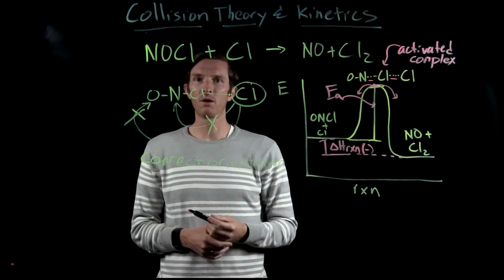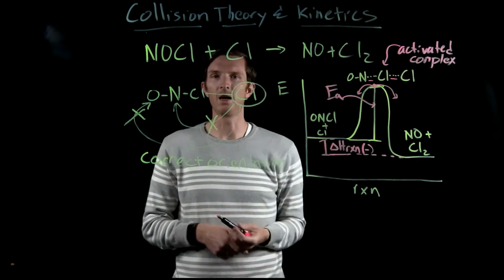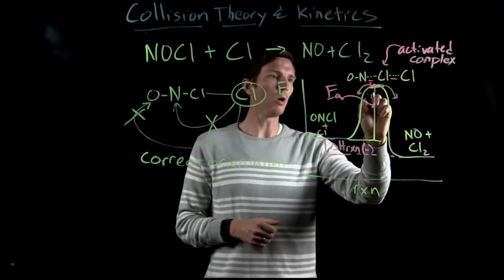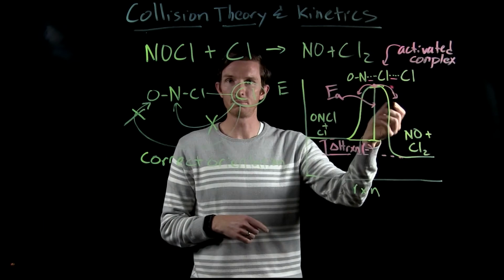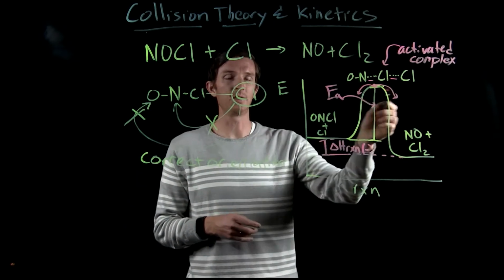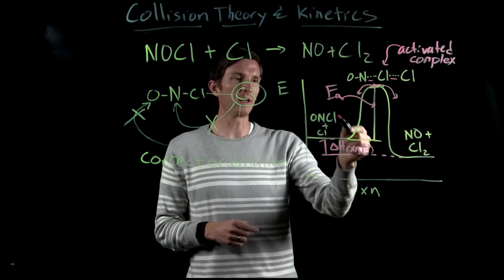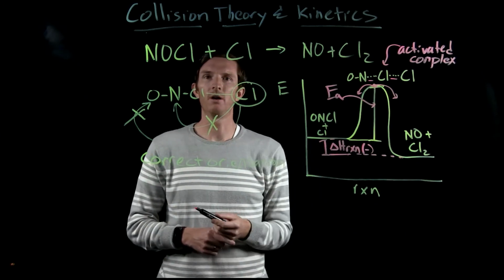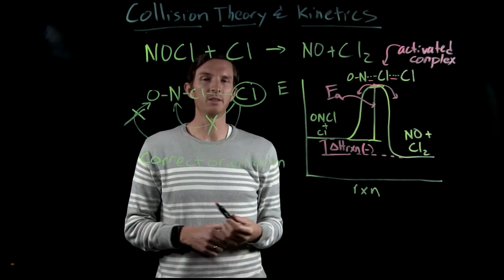It can go back down to our original reactants, which means nothing happens, and we end up with our chlorine atom and our NOCl. Or it goes down this way and we get a reaction to happen. It can do either one when it's sitting at that specific point, when we're sitting in this activated complex. And so now we see we're able to look at our activation energy. We're able to look at our reaction enthalpy change when we're able to draw this out.